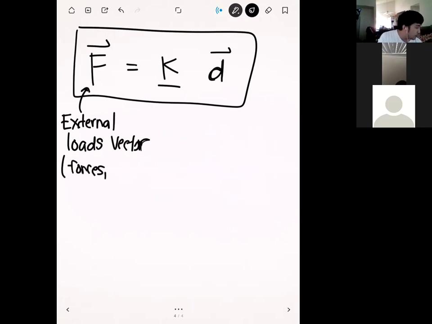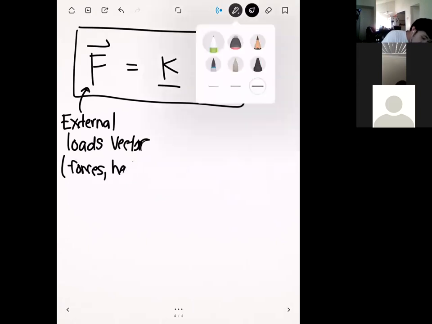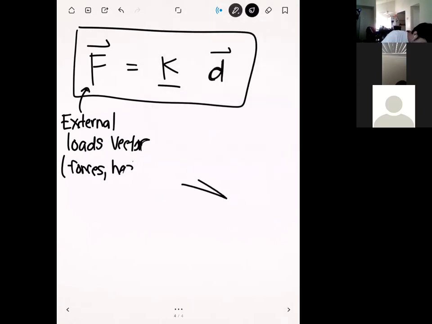If you're talking about heat transfer, this could be heat fluxes. Or more generally, anytime you have boundary conditions, then that appears here.